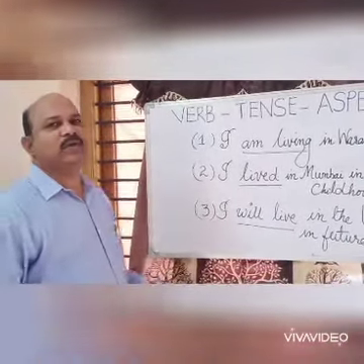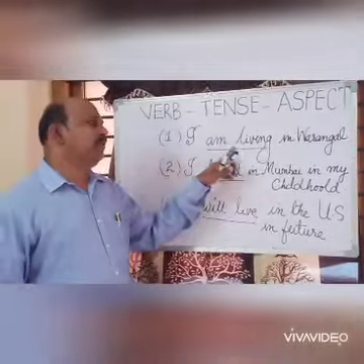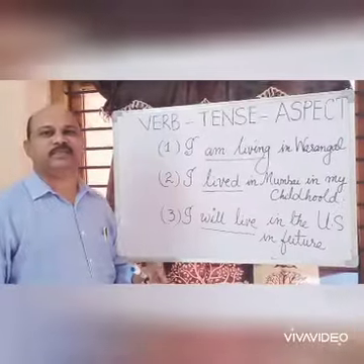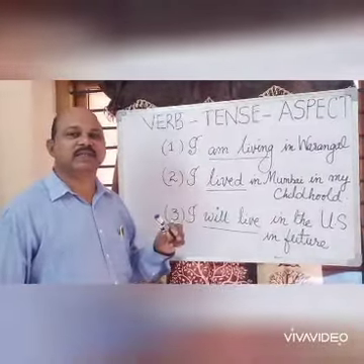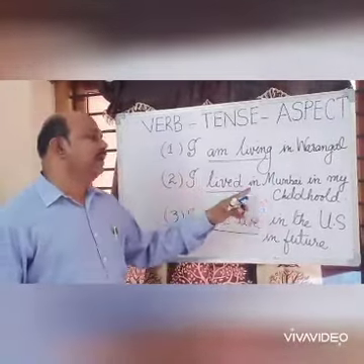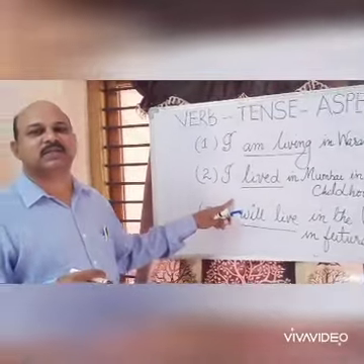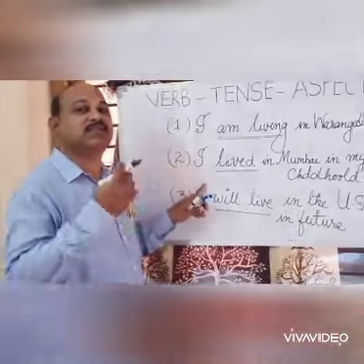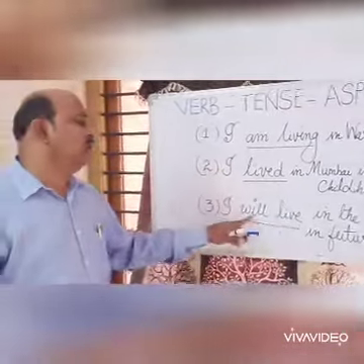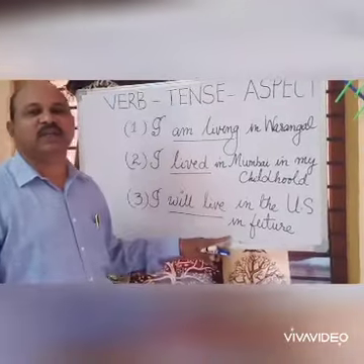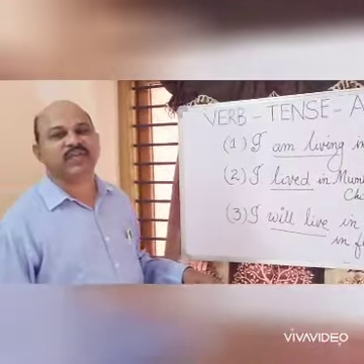Now, you see here, I am living in Warangal. It indicates the present time. I lived in Mumbai in my childhood. That indicates the past time. I will live in the US in future indicates the future time.